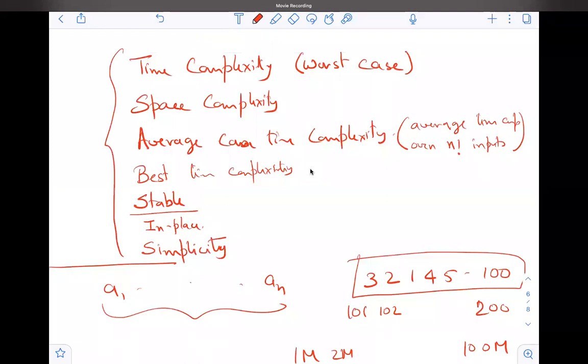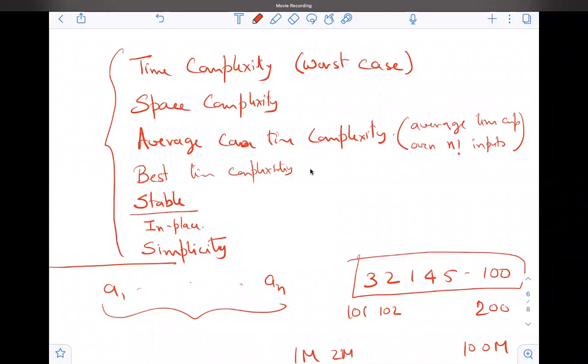Then there is another thing: if I give you an almost sorted array and I add an extra variable, how much time does it take to get the whole thing sorted? So there are various measures that go into understanding the importance of an algorithm, particularly a sorting algorithm.